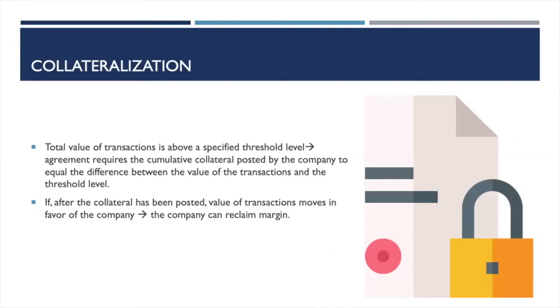If after the collateral has been posted, the value of the transactions moves in favor of the company so that the difference between the value of the transactions to the financial institution and the threshold level is less than the total margin already posted, the company can reclaim margin. In the event of a default by the company, the financial institution can seize the collateral. If the company does not post collateral as required, the financial institution can close out the transactions.